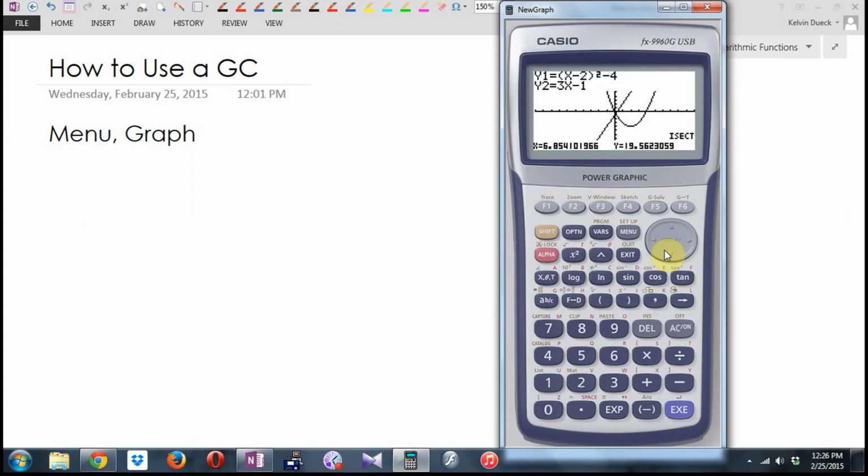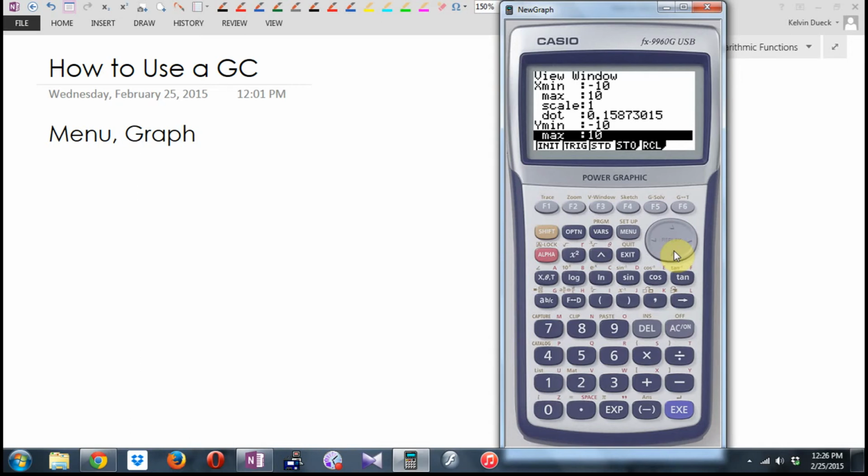What y coordinate? 19.5. Now, if I wanted to see the crossing point, what I would have to do is change my view window. Shift F3. And I would have to change my y max to higher than 19.65. What's a nice number higher than 19.65?